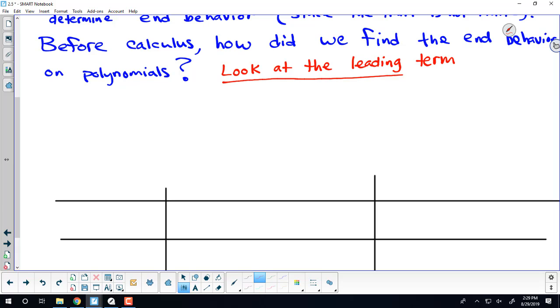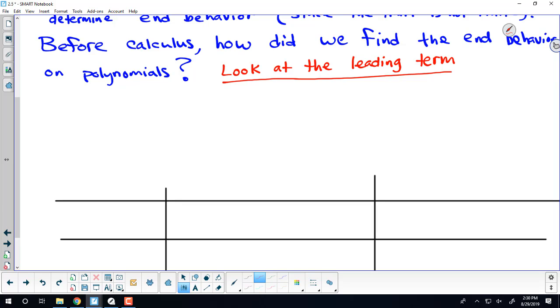And then you might have asked your algebra or pre-calc teacher, how come we can just look at the leading term? What about all of those other terms that are behind it? What about that x to the third and that x squared, etc.? And then they give you an answer like, well, as far as end behavior goes, x is going to infinity, and so the cubes and the squares become less and less significant the larger and larger you go, right?